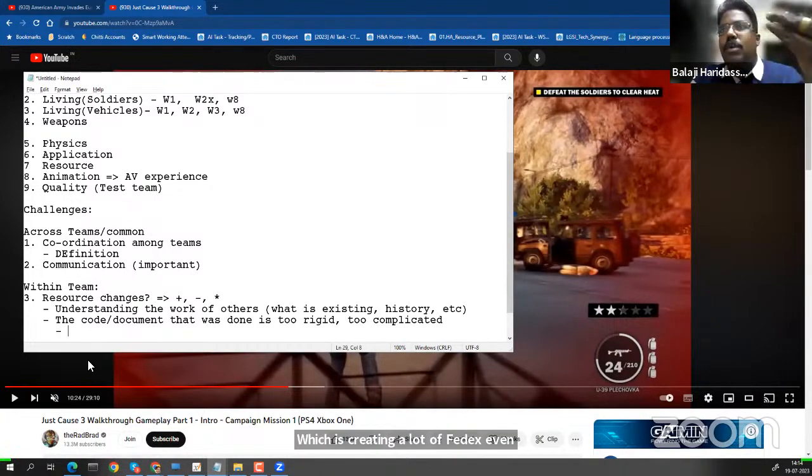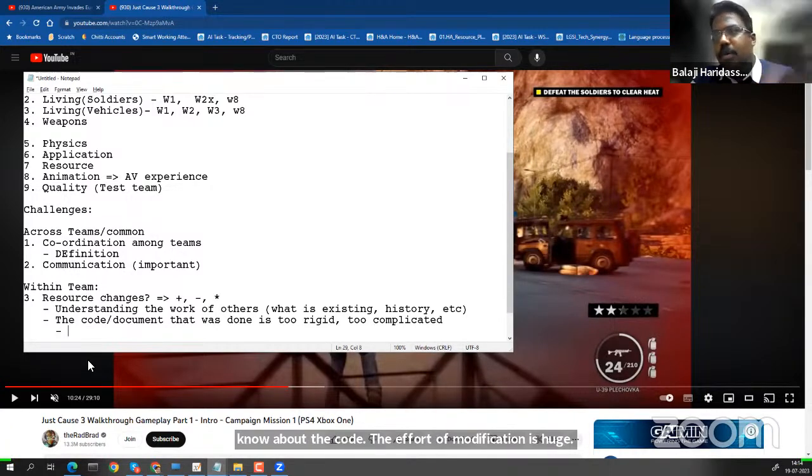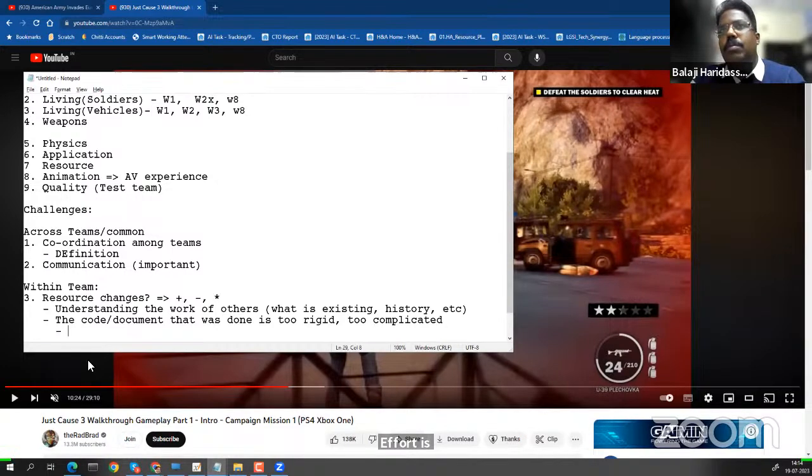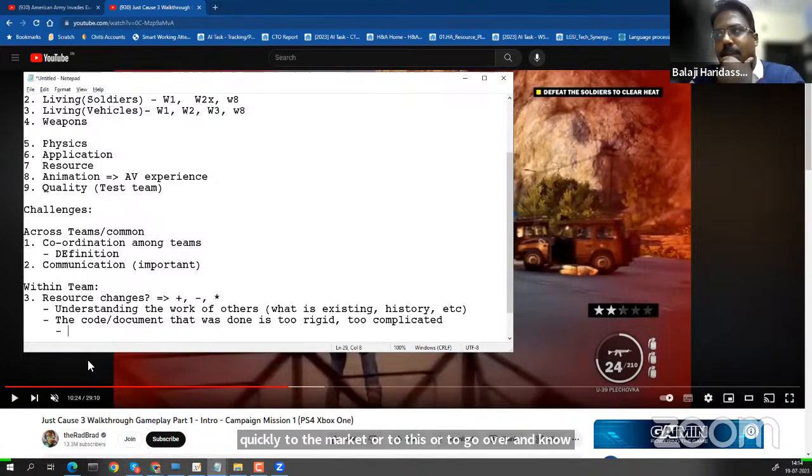The effort of modification is huge. Effort is more, which means time is more, your testing time is more. You cannot release certain things very quickly to the market or to whoever is requesting it. Is it clear what I'm trying to say? Are we agreeing, or is there any difference in opinion?